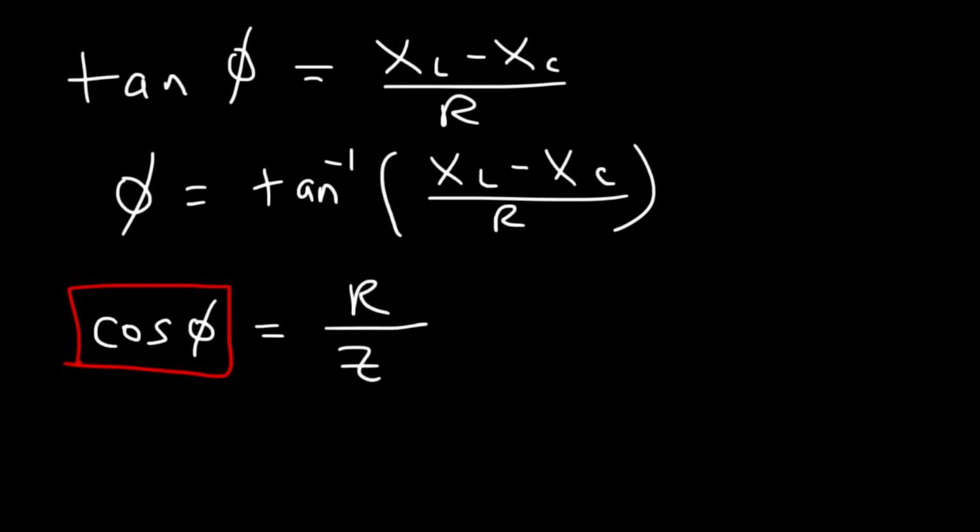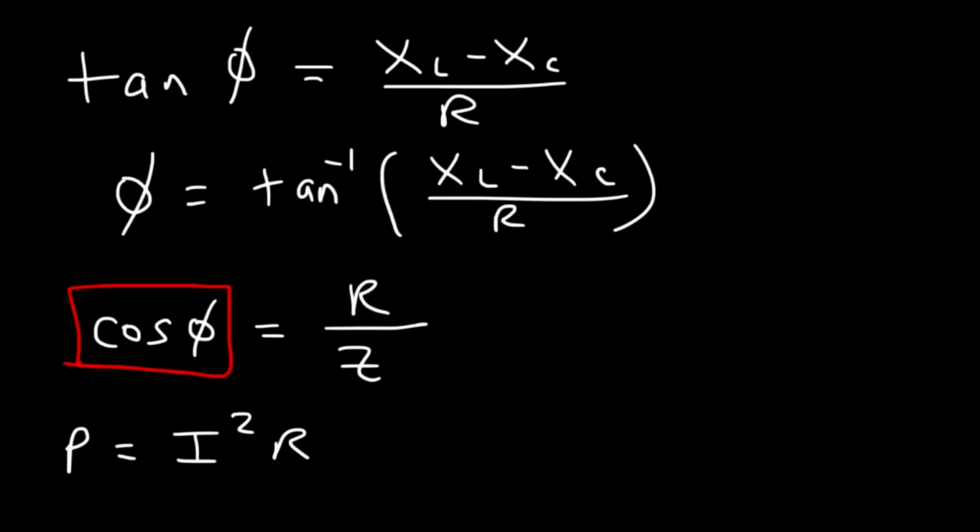Now, to calculate the power dissipated by the circuit, it's equal to I squared times R. Keep in mind, only the resistor dissipates energy. The inductor and capacitor both temporarily store it and then release it.